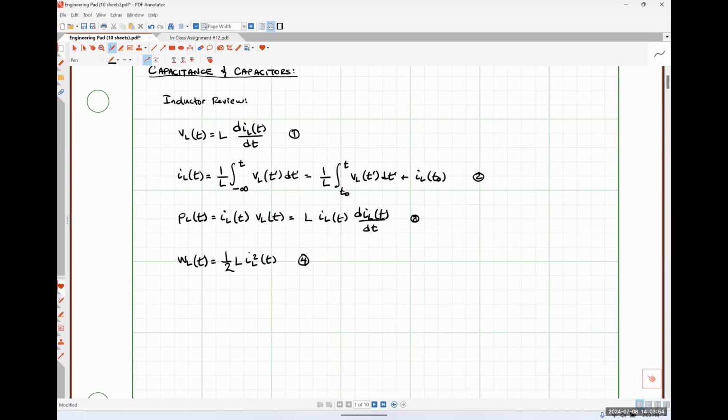Everywhere we saw a current, replace it with a voltage, and we'll wind up getting our capacitor relationships. So realistically, I'm not expecting you to actually have to memorize 8 equations for this material. You can just learn 4 of them, and as long as you know where the I and the V should be for inductors or capacitors, you'll be able to get the others.